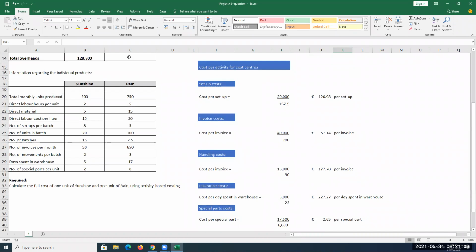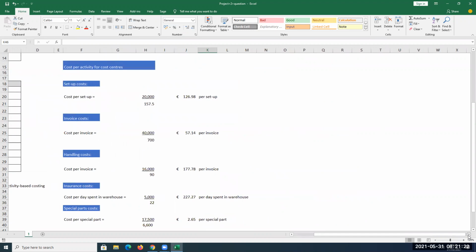Okay, yes. Okay. Now the last one is this requirement. We need to calculate the full cost for 1 unit of sunshine and the 1 unit of rain product using activity based costing. So I can do this calculation.